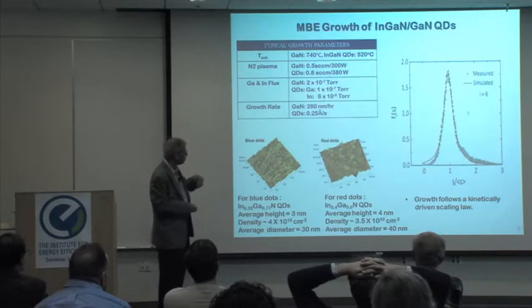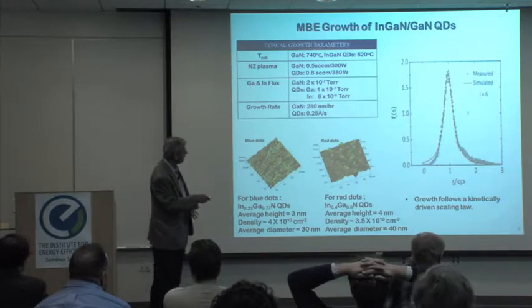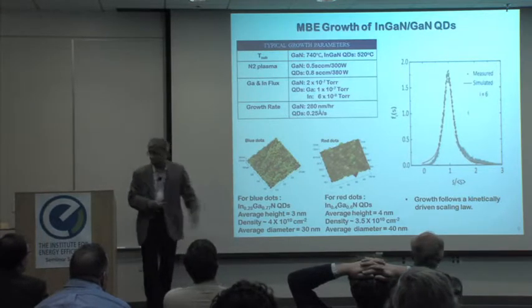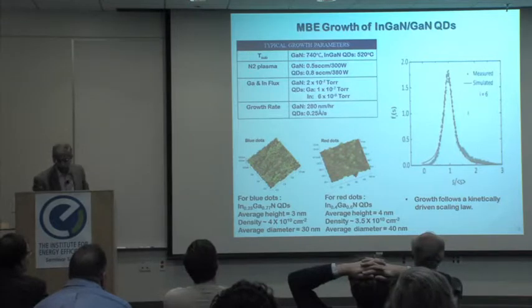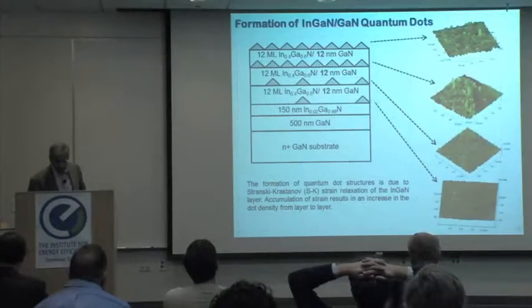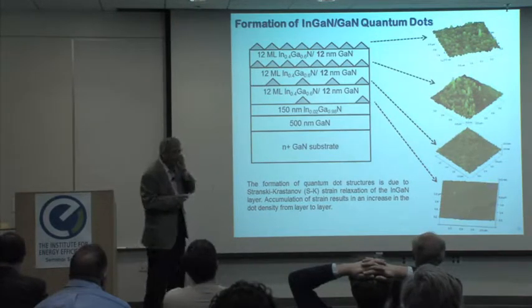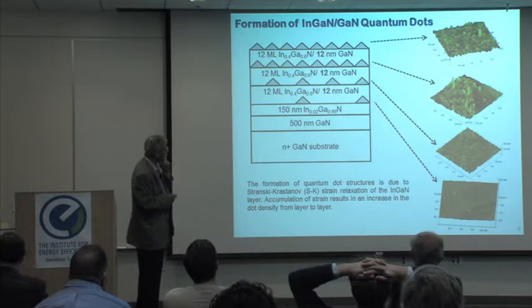For example, when we go from say 450 to 550 growth temperature, I increases from 3 to 5, and so on. So the growth is kinetically driven. We found something very interesting, which at least we have never seen in the arsenide dots.